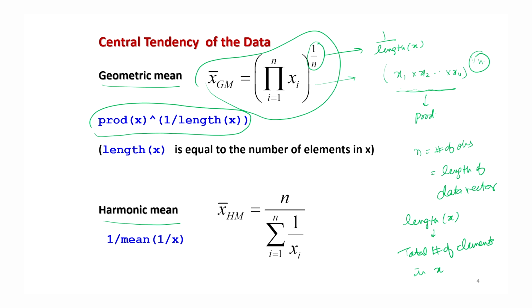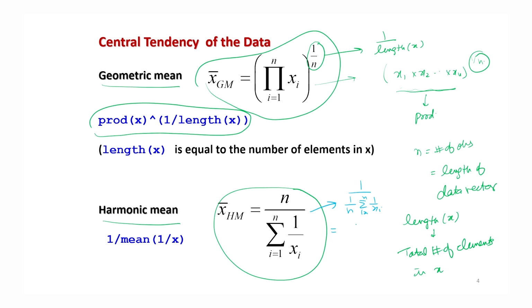And similarly the harmonic mean is defined like this. If you look here, this can be written as 1 over 1 over n summation i goes from 1 to n 1 over xi. Do you not think that the quantity in the denominator looks as if we are finding the arithmetic mean of 1 upon x1, 1 upon x2, 1 upon xn? Yes.